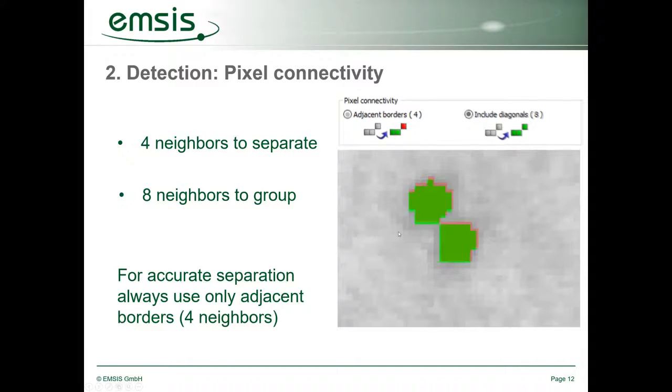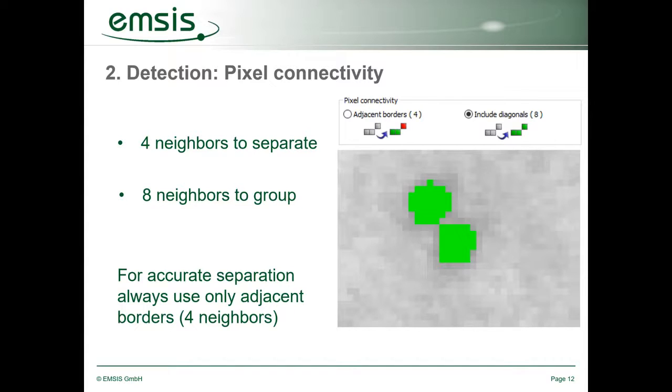And if I go to the opposite, to the include diagonals, already the single bridge here between those 2 pixels is enough to make the decision that all these pixels belong to one particle.